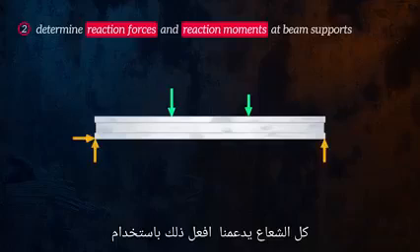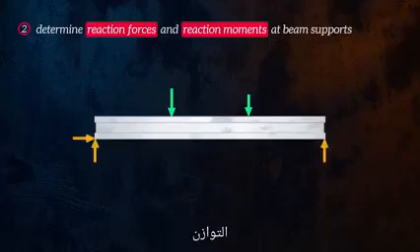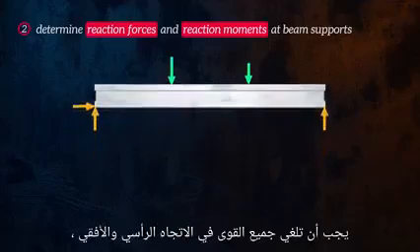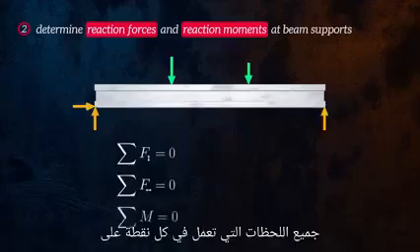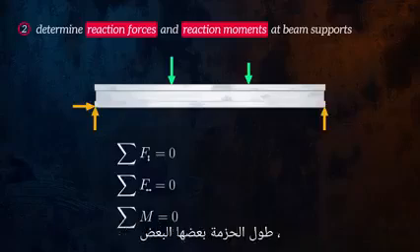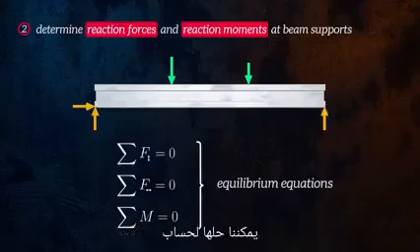We do this using the concept of equilibrium. To maintain equilibrium, all of the forces in the vertical and horizontal directions should cancel each other out. Similarly, all of the moments acting at every point along the beam should cancel each other out. This gives us a set of simple equations we can solve to calculate the reaction forces and moments.